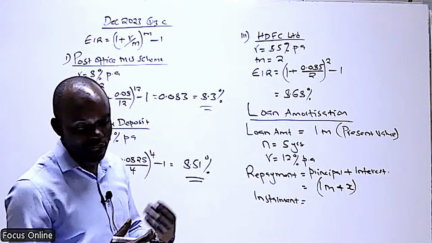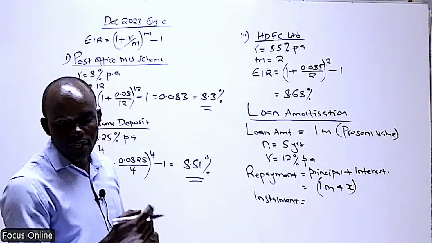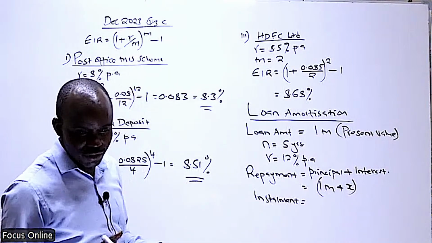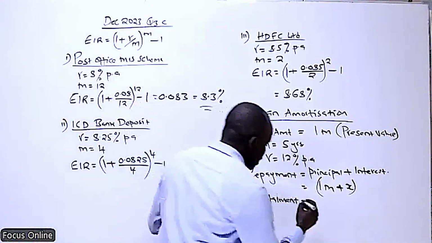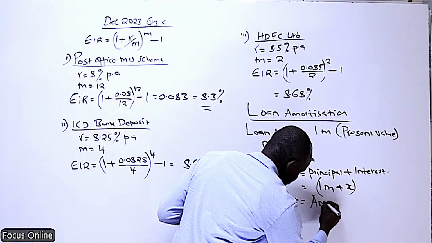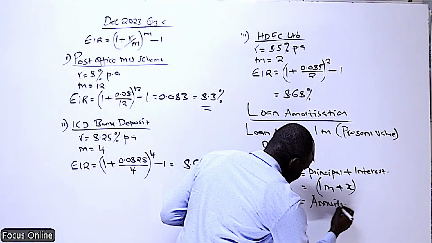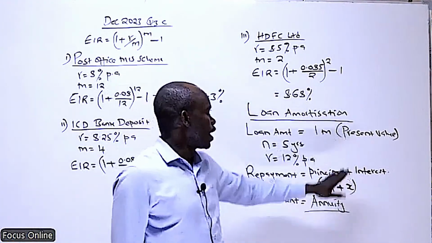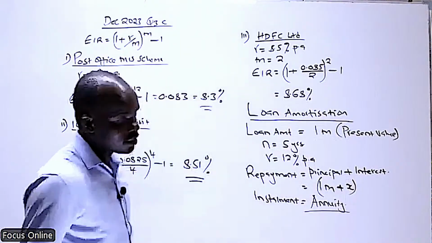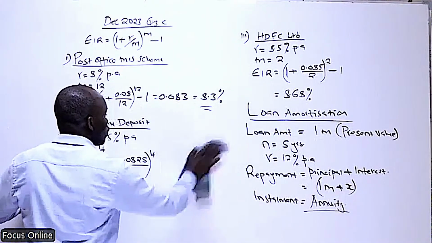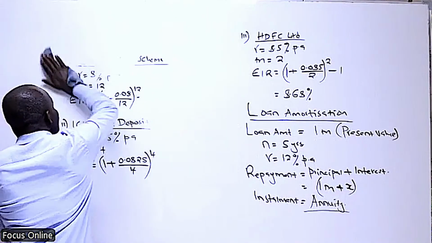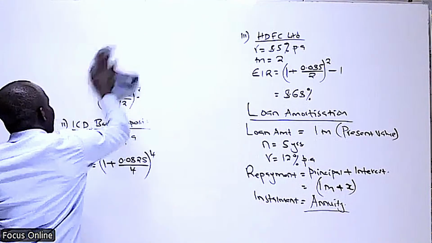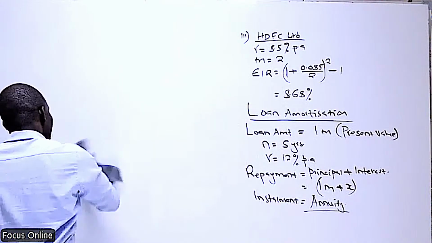If it's quarterly, quarterly. If it's semi-annually or yearly, but an installment is a constant figure. So an installment is an annuity. With the present value here and an annuity here, it becomes very easy to determine the installment payable in a loan.